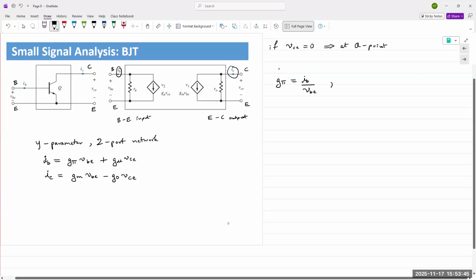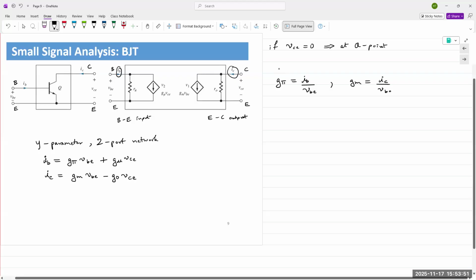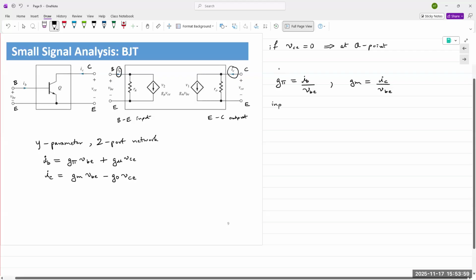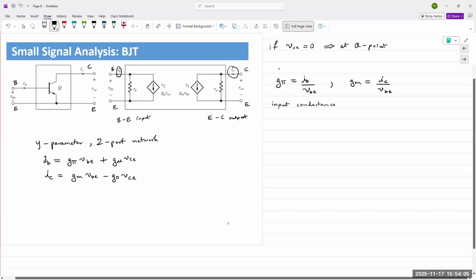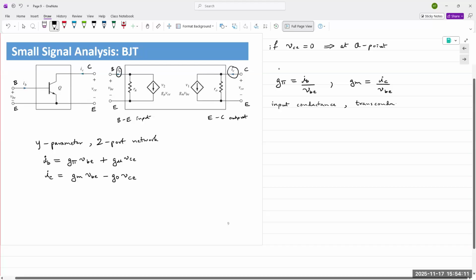GM is transconductance. How is the input transferred to the output? So it is the ratio of IC to the input voltage VBE. So this is input conductance. This is transconductance.